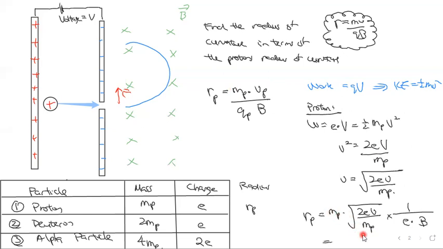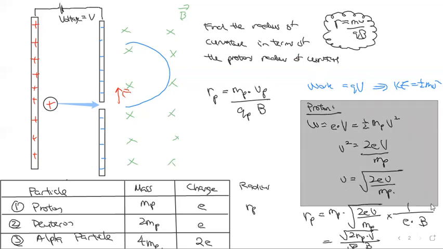So you have root m_p at the top, root 2 at the top, root V at the top. The e and e will cancel out. Basically, we'll get something that looks like this: root 2 m_p V all over square root of e times B. That's basically the idea.